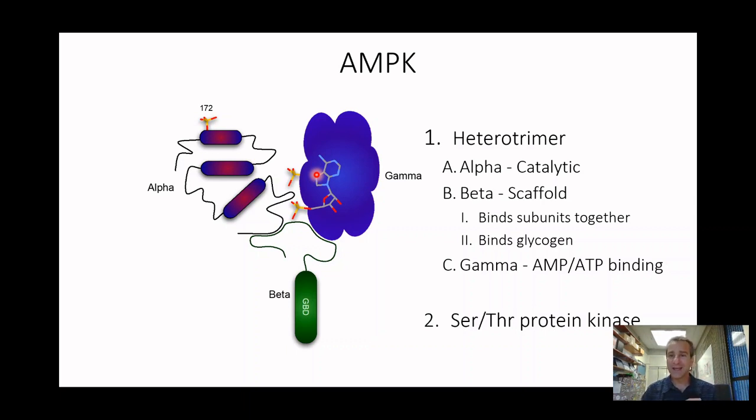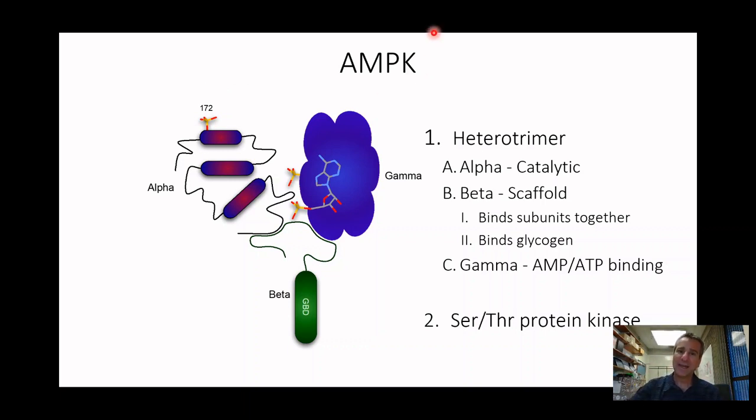When it's bound to AMP or ADP, AMP kinase isn't as accessible to dephosphorylation. So you don't have the accessibility for the phosphatases that would normally take this off. So you're regulating the phosphorylation of AMP kinase, but what the AMP is doing is regulating dephosphorylation. When it's bound to AMP, it prevents dephosphorylation.